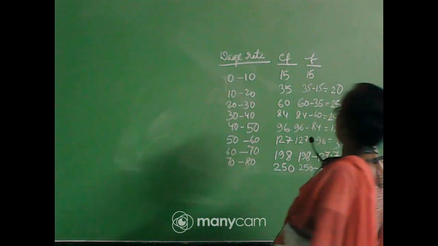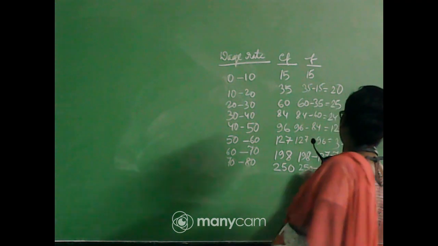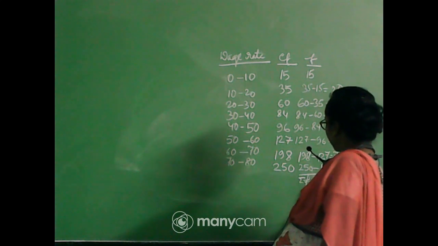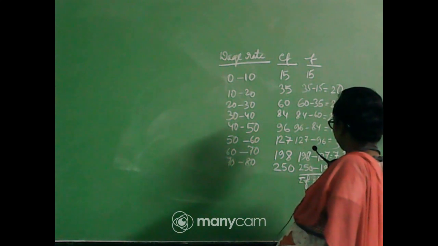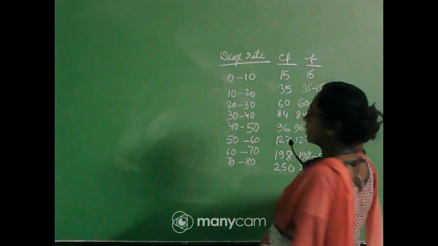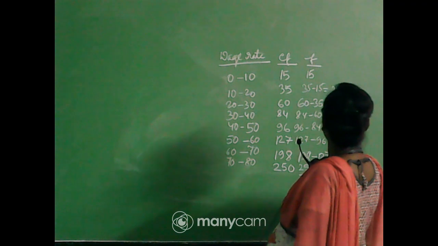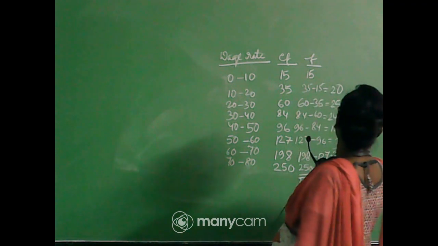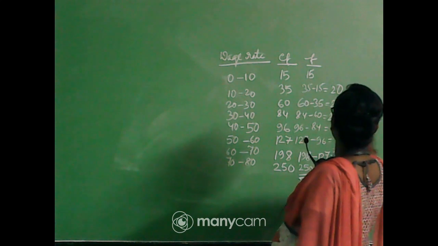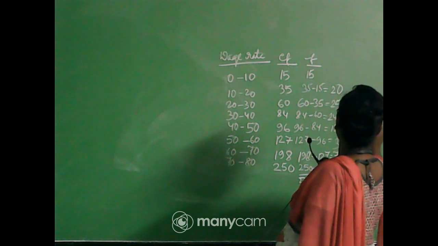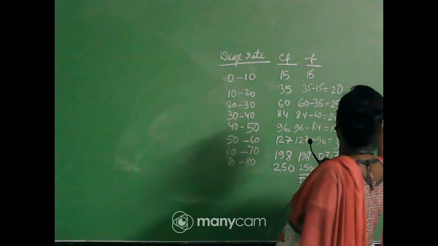Okay. Now our total frequency, summation F, that means capital N, is equal to 250. So we can find N by 2 for the median. M is equal to size of N by 2 item.